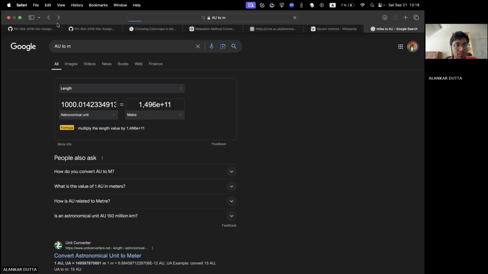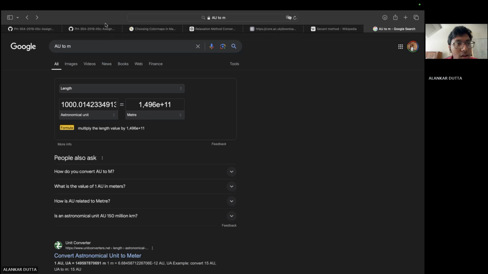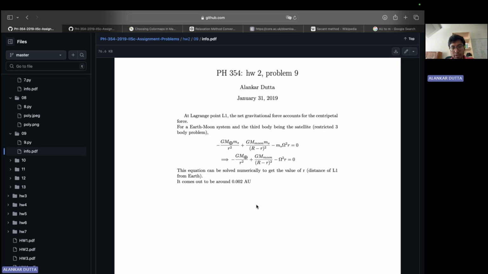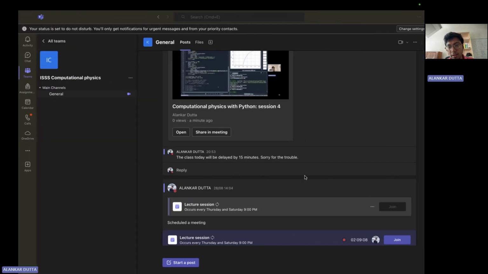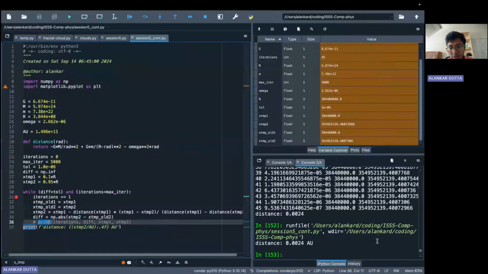I guess I'm making some error because I'm in a hurry, but you see the right answer should be around 0.002 AU, which I had done many years ago, and this is exactly what I get in here. It's 0.0024 AU. So this solves the problem.